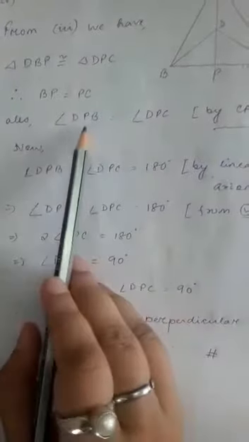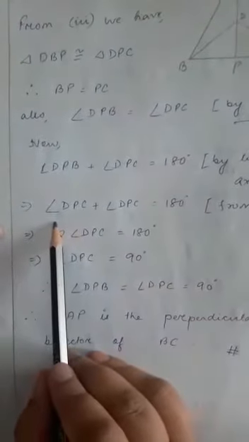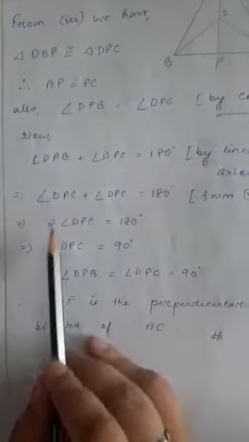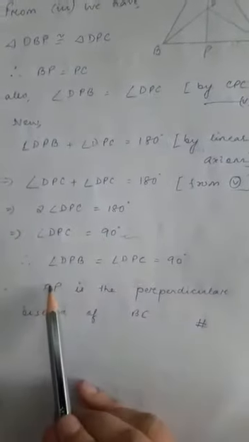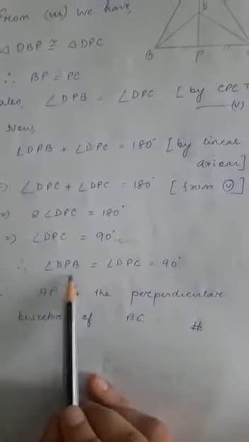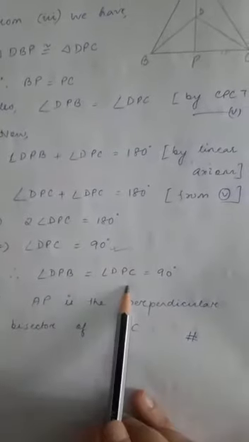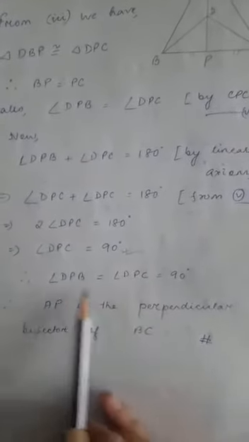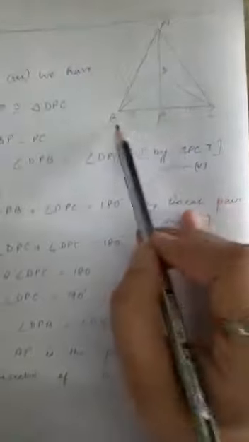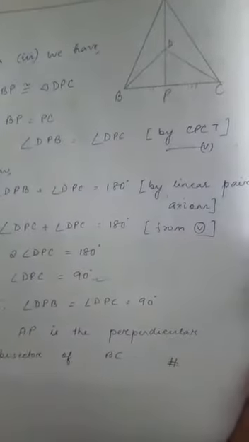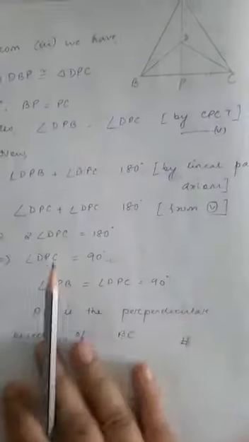Since DPC and DPB are equal, in place of DPB I can write DPC. After calculating we get DPC as 90 degrees. So DPB will also be equal to 90 degrees because these two angles are equal. So now we can say that AP is the perpendicular bisector of BC. Right. So these four proofs are clear, I think, because they are not that difficult. Just go through it once.